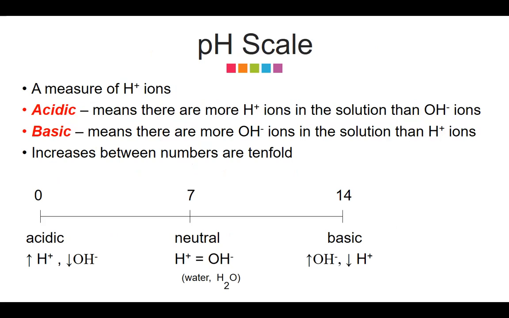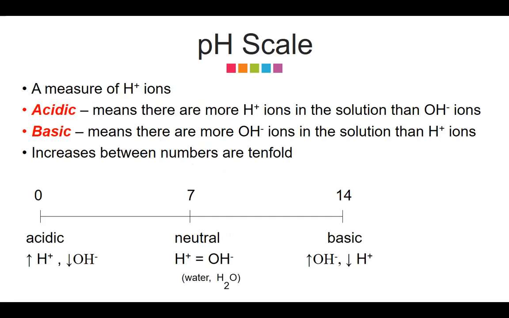You may remember from your days in biology that the pH scale is a measure of hydrogen ions, or H plus ions. Acidic means there are more H plus ions in the solution than OH minus ions. Basic, however, is on the opposite side, which means there are more hydroxide ions in the solution than hydrogen ions.